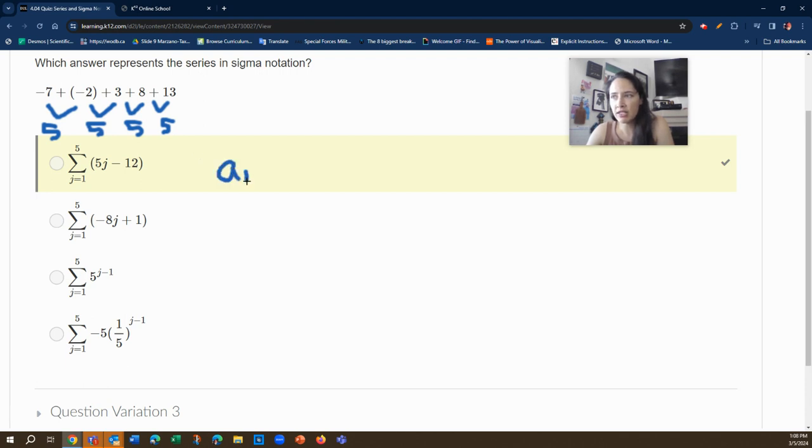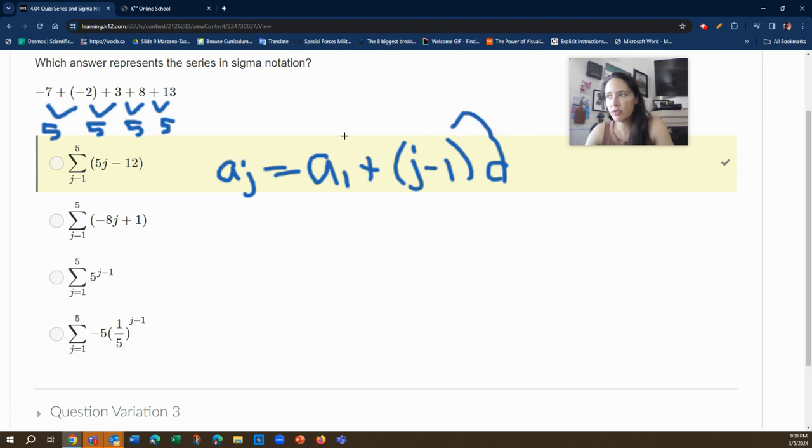Our book gives us this, where you do A sub n is equal to A sub 1 plus n minus 1 times d. We can use J. I could have used J. Sorry, let's do that really quickly. Because A sub J is what our index letter is, and it doesn't really matter. A sub 1 plus J minus 1 times D. So let's substitute in and then we'll distribute.